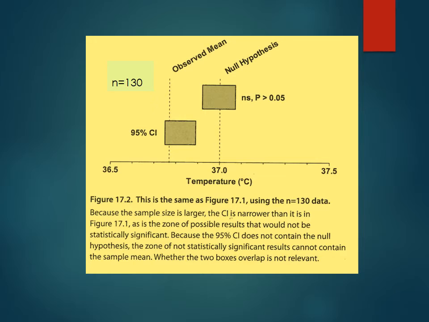Because there's no overlap there, do I reject or accept the null hypothesis? I reject it. I say, get out of here, null hypothesis. You're no good to me anymore. So I can say this group is statistically significantly different than my population mean.